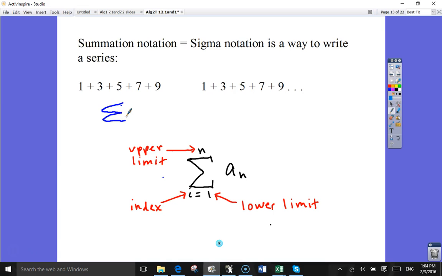Now notice the things that go around the E, the sigma. Underneath, actually this was a mistake, that should be an i.